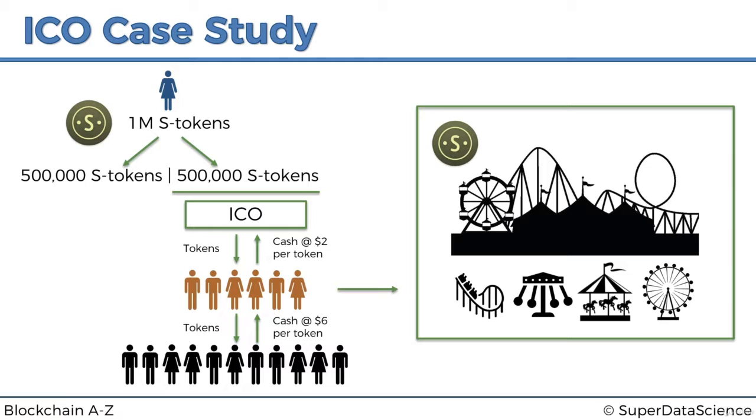Well, they're going to either keep them for investment or speculative reasons and later on sell them off one day, or they're actually interested in going to the theme park, and they're going to spend those tokens there and purchase rides, and maybe products that they're selling in the theme park, well, mostly rides. You can jump on different rides and pay for the rides with tokens. And so that's how this whole system works.